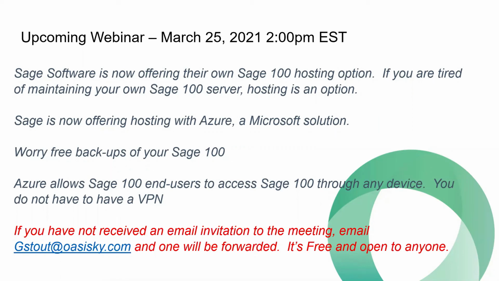And some of the benefits, and this is just very simplified and doesn't go into all of the detail, is that it's going to give you worry-free backups of your Sage 100.